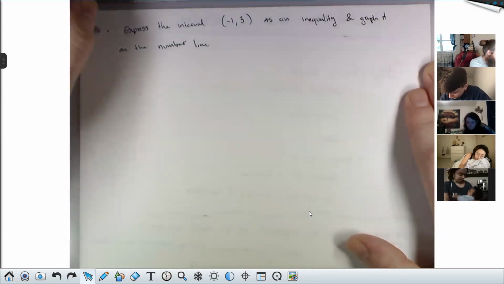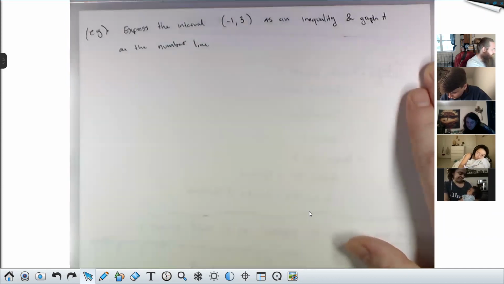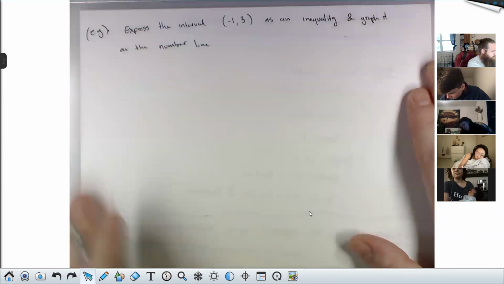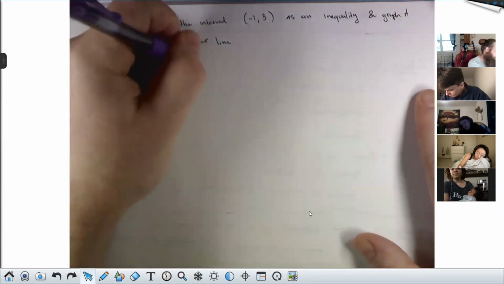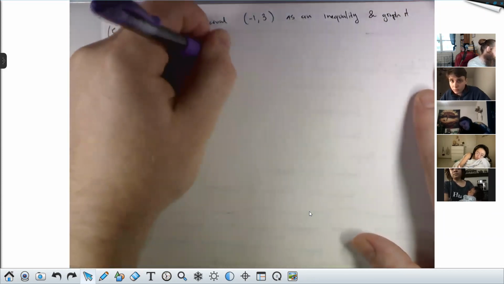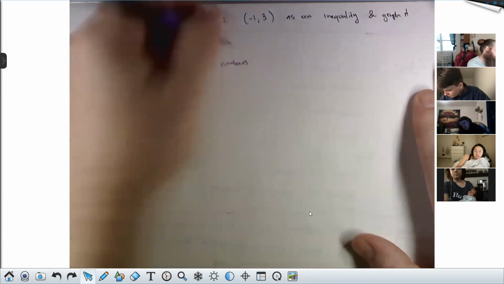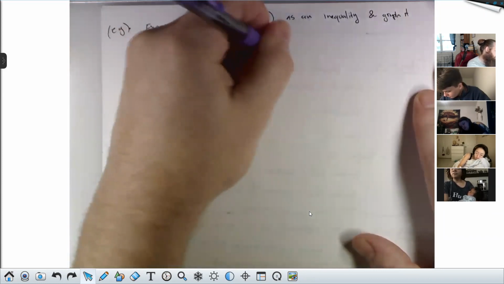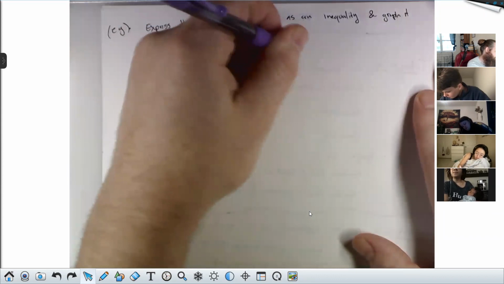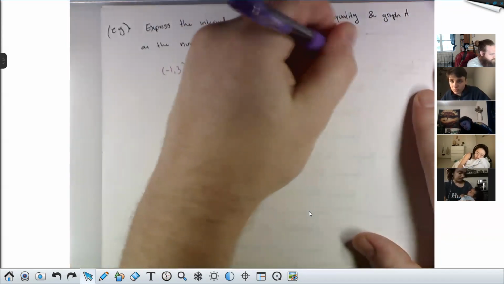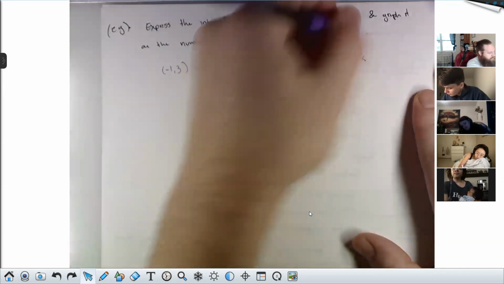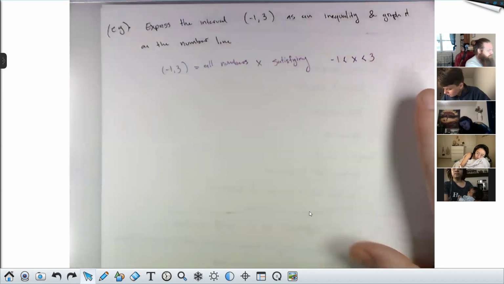So an example. Well, I know that from the definition, (-1, 3) is all numbers x satisfying, the first number here is a, so this would be -1 is less than x is less than, the second number is b, so that'd be 3.